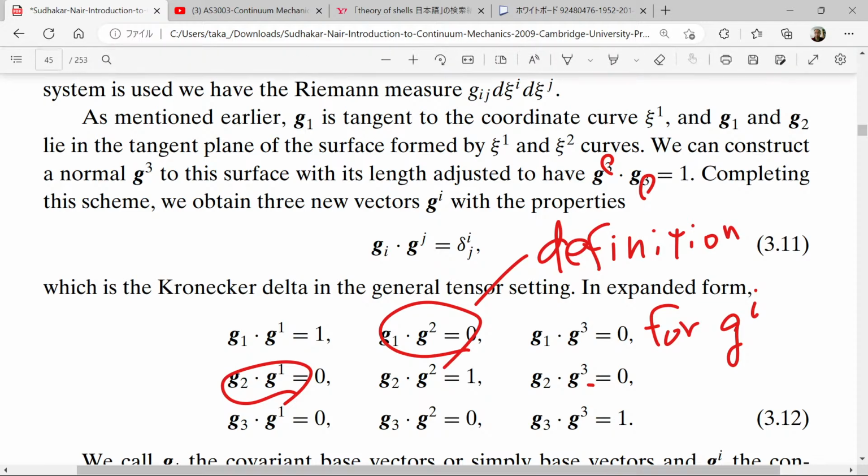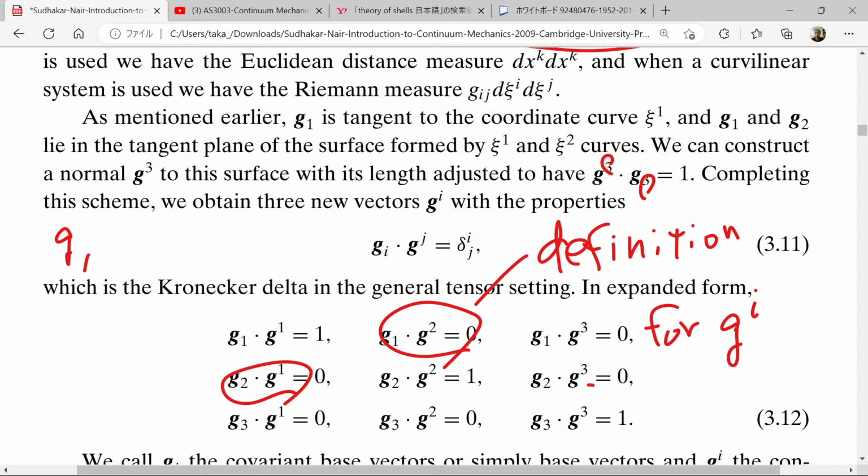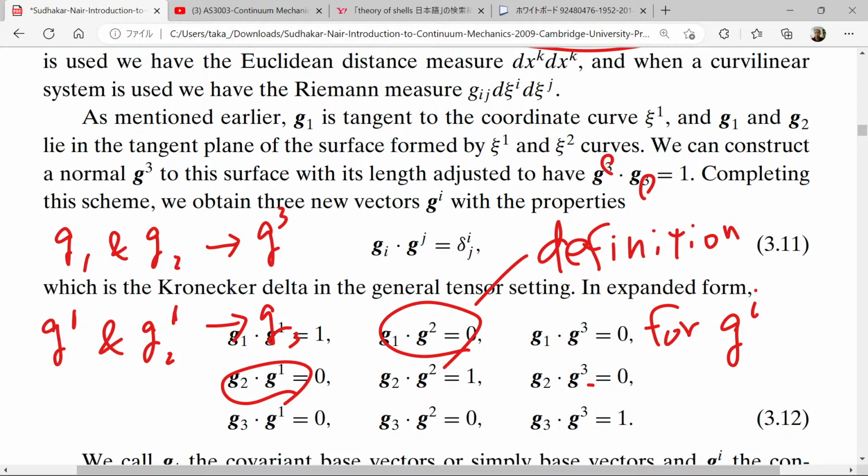Maybe we can do it this way. For example, we can obtain G3 from G1 and G2, then we can get G1 up and G2 up. We can obtain G3 down. Is this the case? Maybe.